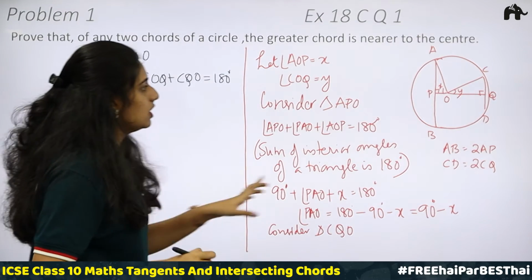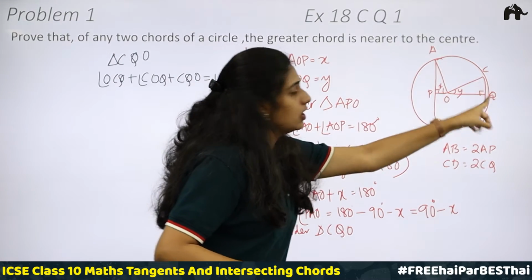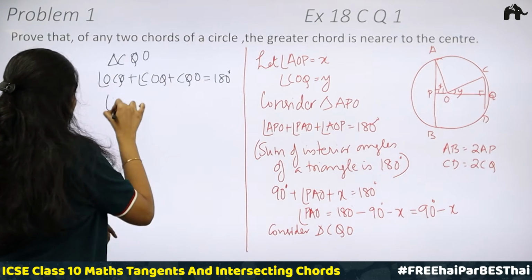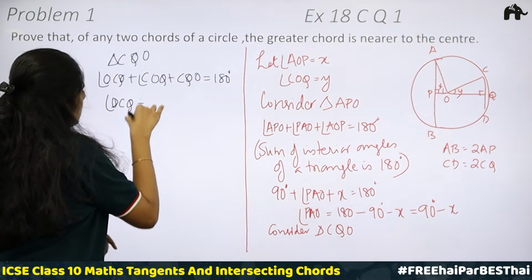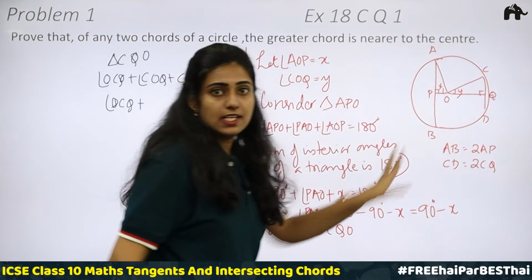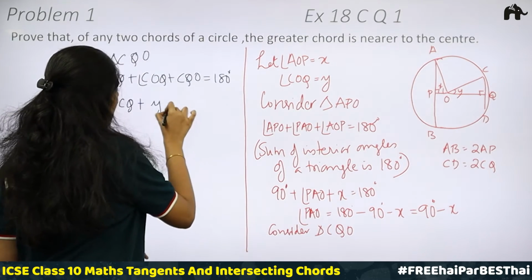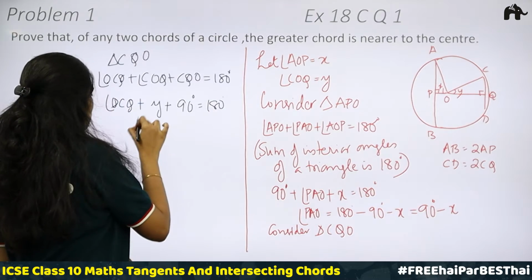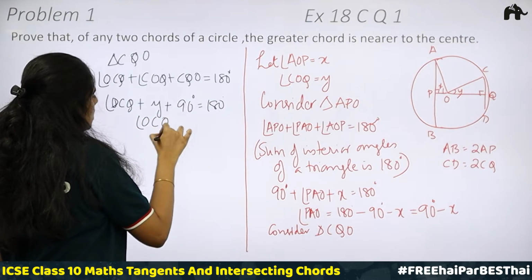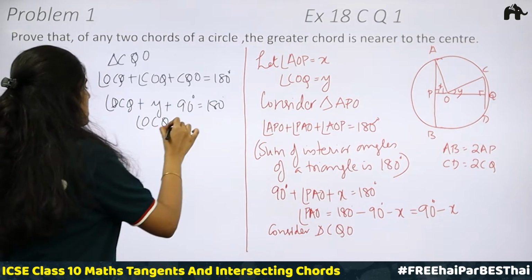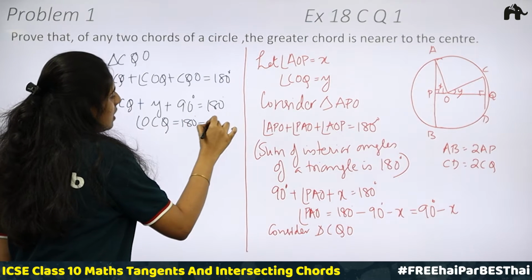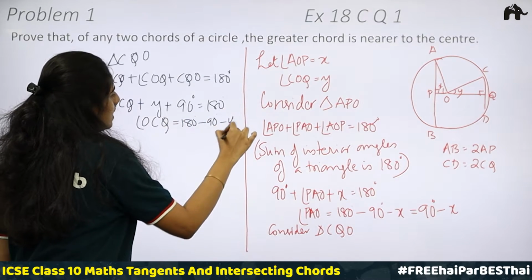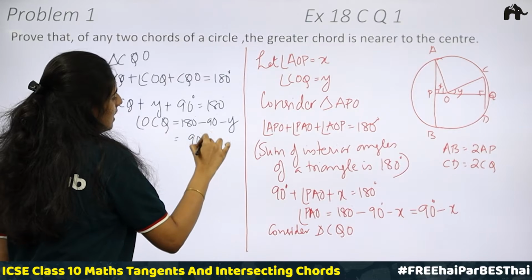Put the values. OCQ we have to find, plus COQ, which is taken as Y, and CQO is 90 degrees, is equal to 180 degrees. Then OCQ, or QCO, is equal to 180 degrees minus 90 degrees minus Y, which is 90 degrees minus Y.